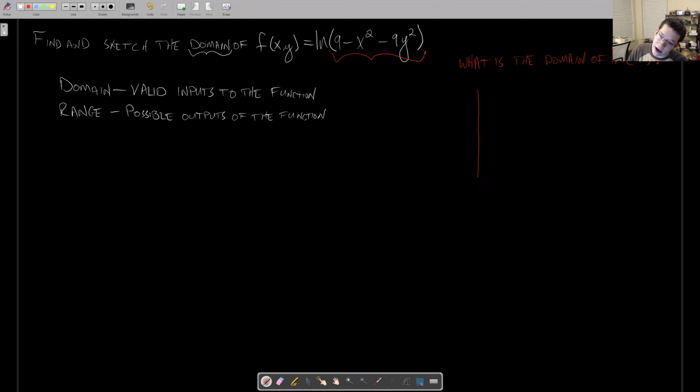Well, if we look at the graph, we see that this is y, x, and this is ln of x. The natural log is asking what number do I have to raise e to get x?